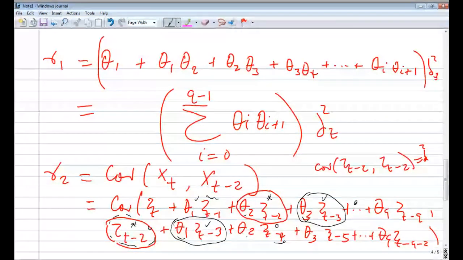And this one, with another one which is here, which we just skipped. We know that there is another one here, which is what? Theta, I think it's theta 4. Yes, theta 4, zt minus 4. You see? Then group them together. But the rest we are leaving them because their covariances are giving us zeros.